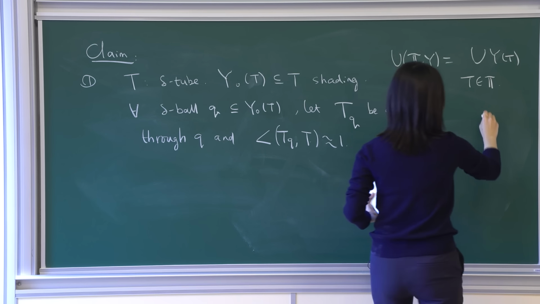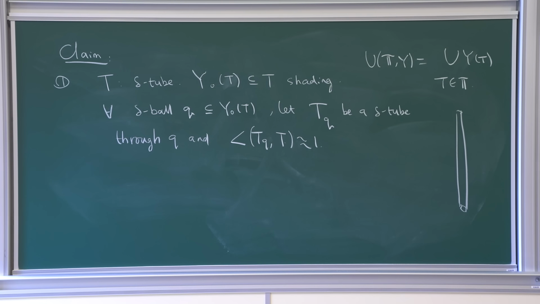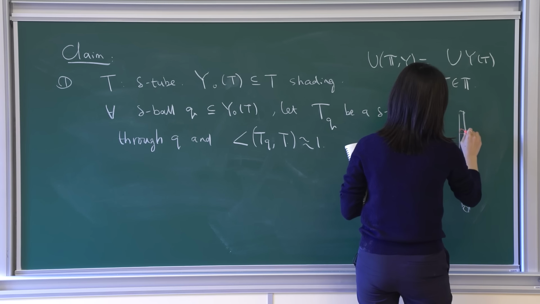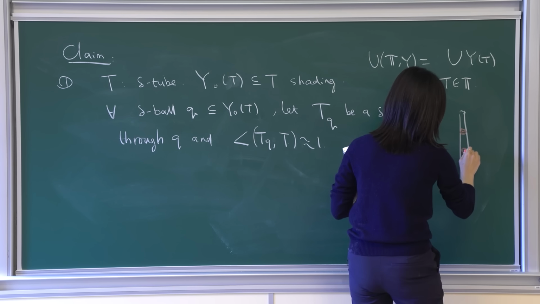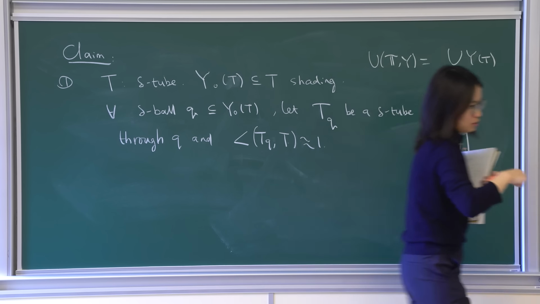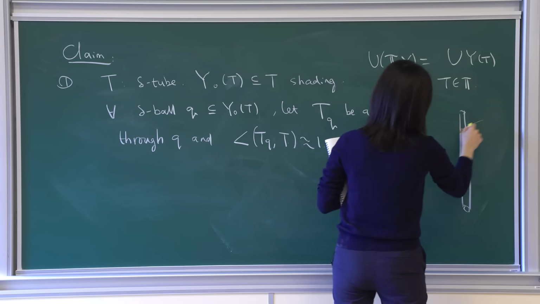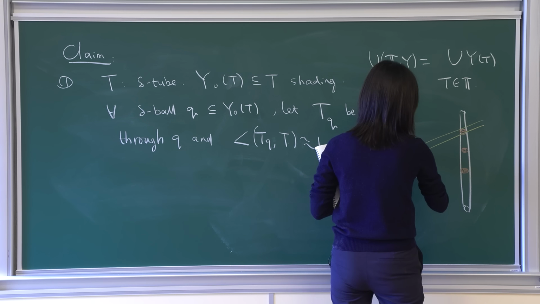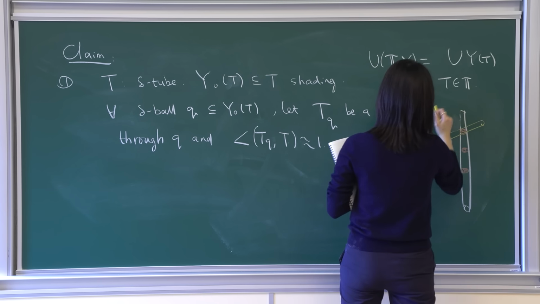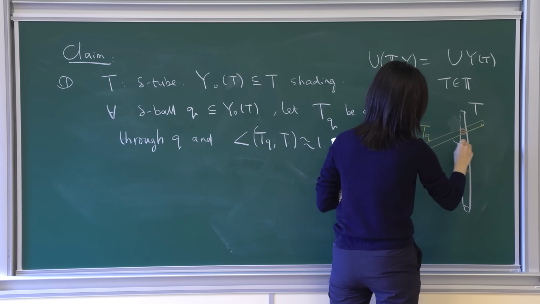So the picture is that here we have our T, and then we have a set of shadings, which is like a set of roughly disjoint delta balls. And then for each of those delta balls, this is Q, there is another tube that intersects this transversely.